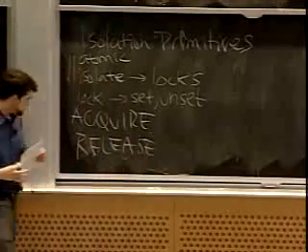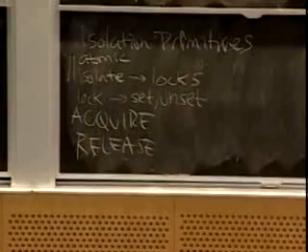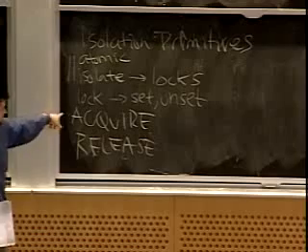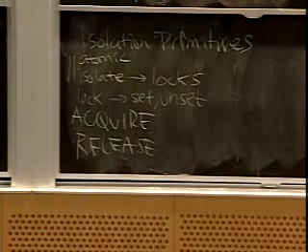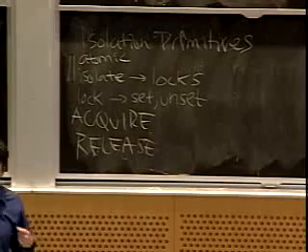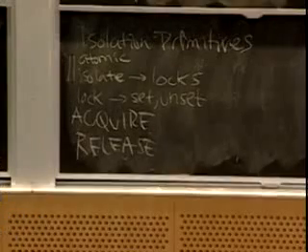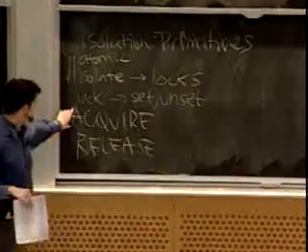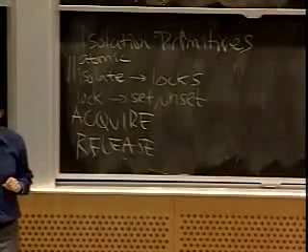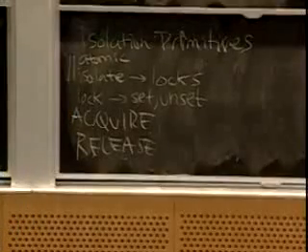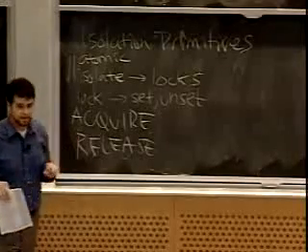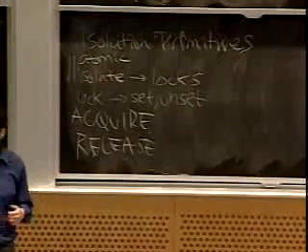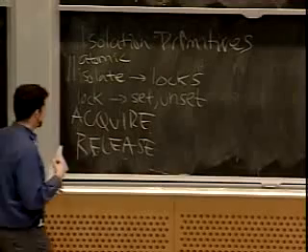Acquire says: check the state of the lock, and if the lock is unset, then change the state to set. But if the lock is set, then wait until the lock becomes unset. Release simply changes the state of the lock from set to unset.